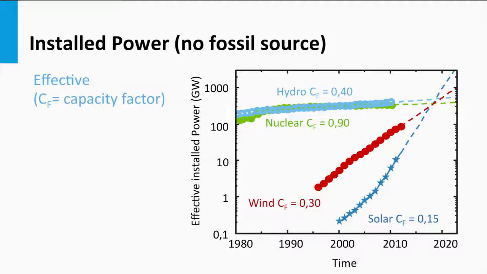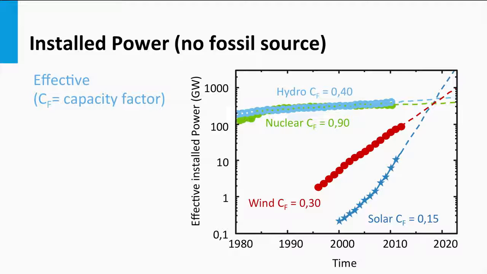For wind energy, I have assumed an average capacity factor of 30%, and for solar, I have assumed a capacity factor of 15%. A low capacity factor for PV systems can be explained by the fact that for most geographical locations, almost half of the solar day is devoid of solar radiation at nighttime.